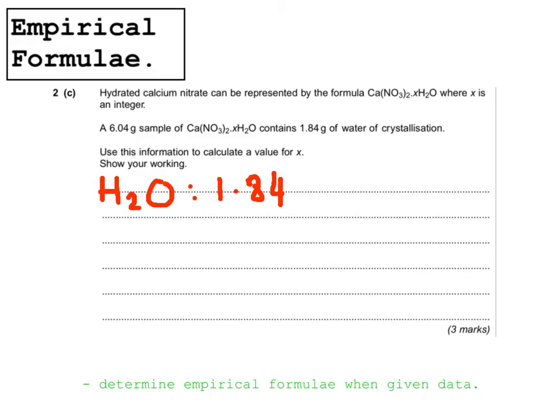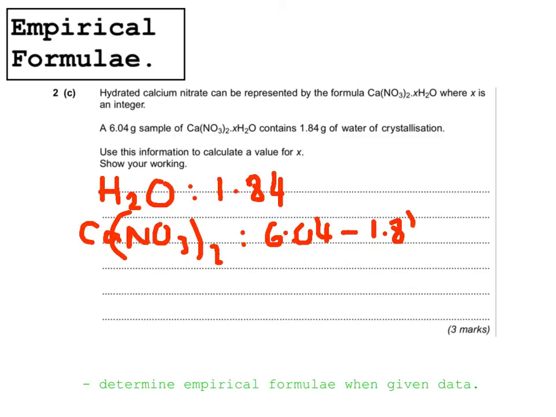So to work out calcium nitrate, we're going to do 6.04 take away 1.84, and that gives us a number of 4.2 grams as well.